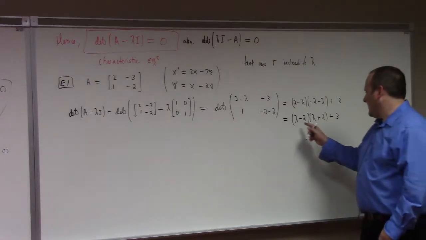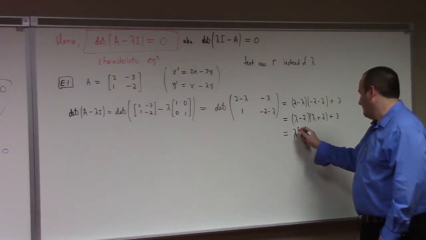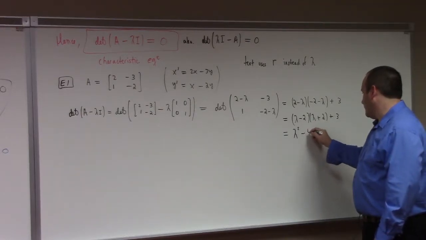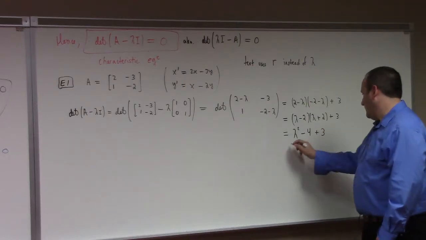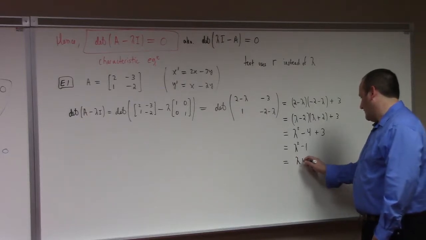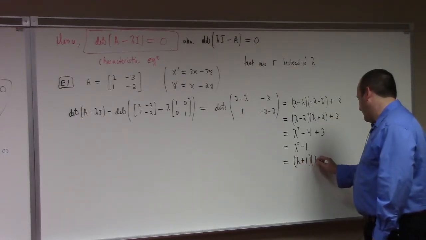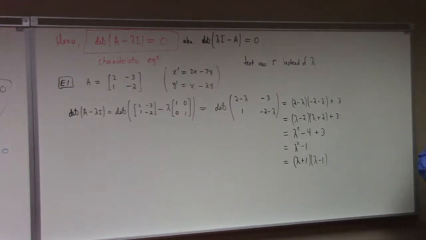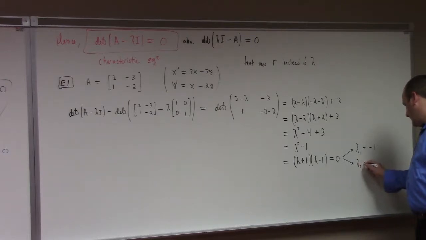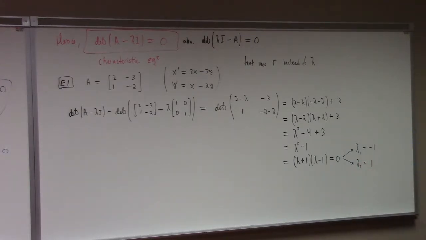So this is lambda squared minus 2 lambda plus 2 lambda minus 4 plus 3. In other words, lambda squared minus 1, also known as lambda plus 1 times lambda minus 1, right? Factoring, of course, reveals zeros. So we either get lambda 1 equal to minus 1, or lambda 2 equal to 1. These are the eigenvalues for this matrix.